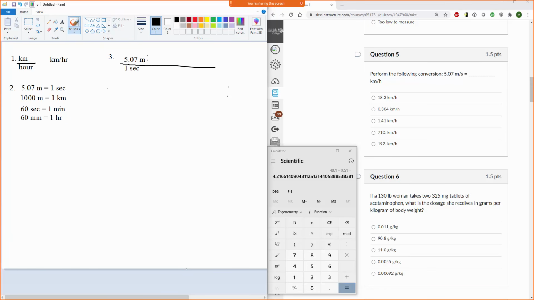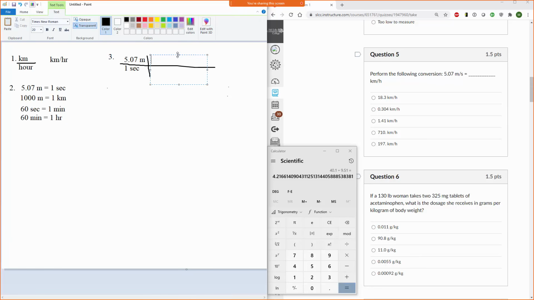Okay, here we go. What do we do next? All right, good. Sarah wants to do meters to kilometers. And again, there's not like a right or a wrong one of these to start with. You can convert away from the meters or away from the seconds, but it's not a problem.